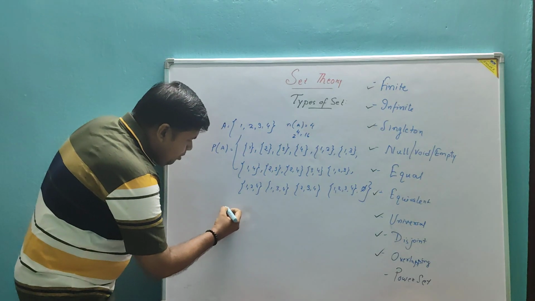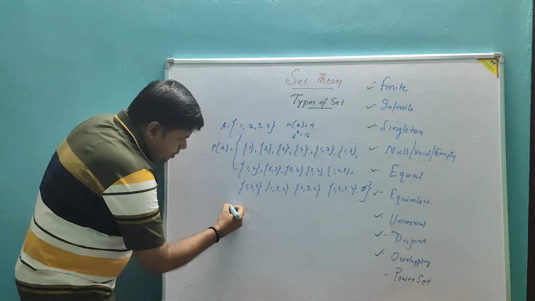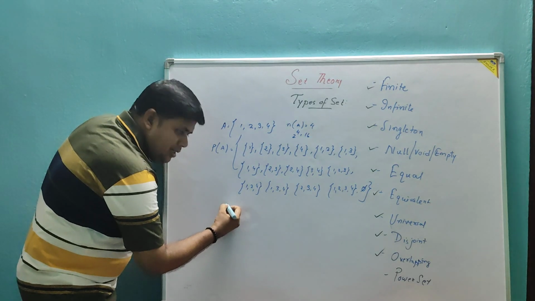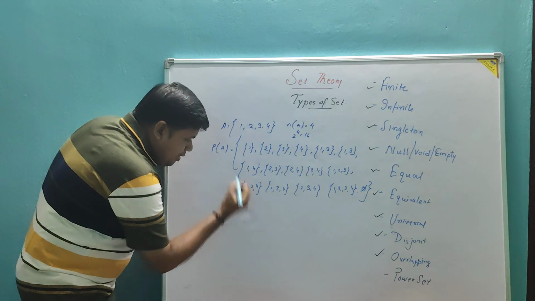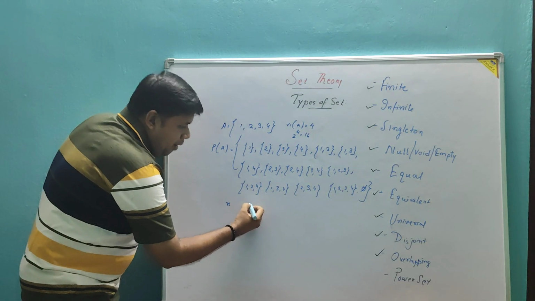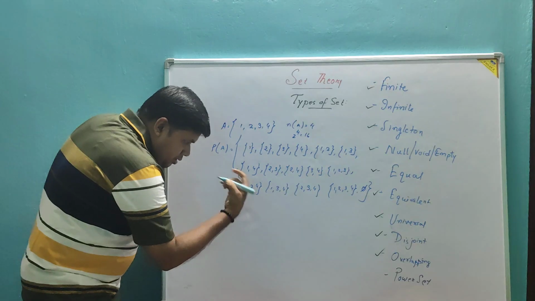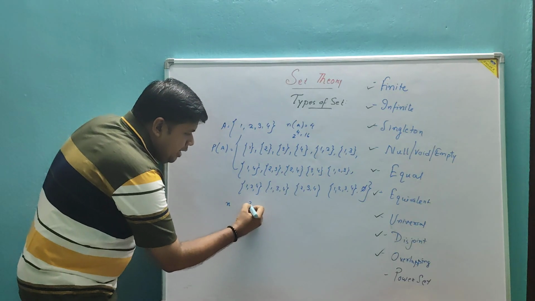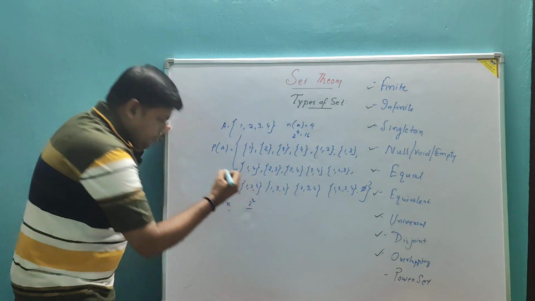Let's take it in general. If a set has n elements, then its power set will have 2 to the power n elements.